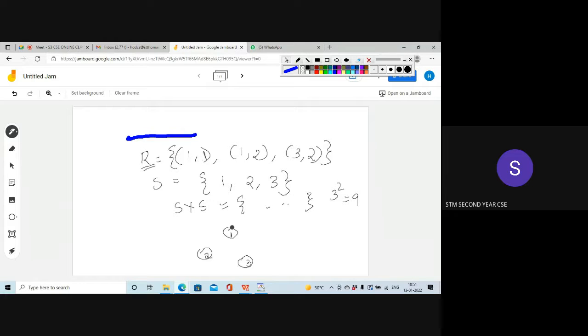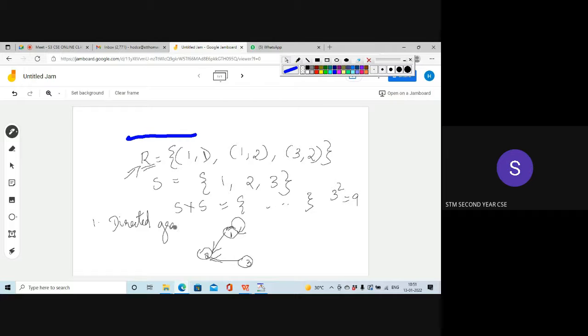There is an ordered pair (1,1), so you draw a directed edge from 1 to 1 itself, a self-loop. Then there is an edge from 1 to 2, a directed arrow from 1 to 2. The next ordered pair is (3,2), so from 3 you draw a directed edge to 2. This forms the directed graph of this particular relation. So this is the first method of representing a relation, using a directed graph.